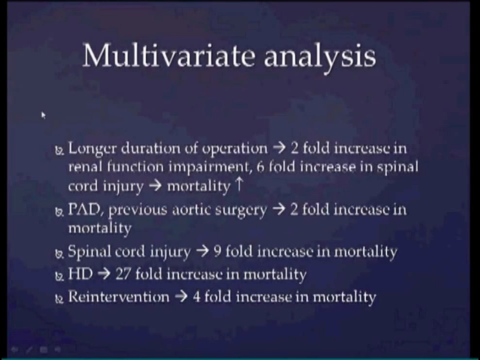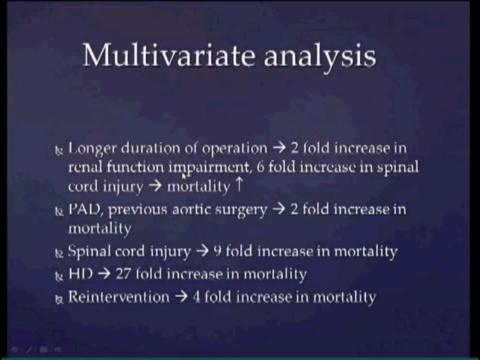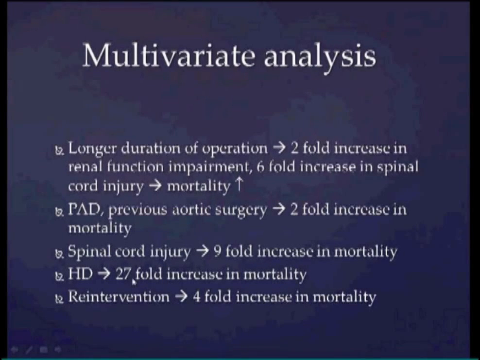And if you look at the anatomical considerations, the more complex the patient, basically group 3 patients, had a longer duration of operation and therefore higher mortality. The other risk factors were peripheral artery disease and previous aortic surgeries, which would increase the risk of mortality by 2-fold, and also a spinal cord injury would increase the risk of mortality.